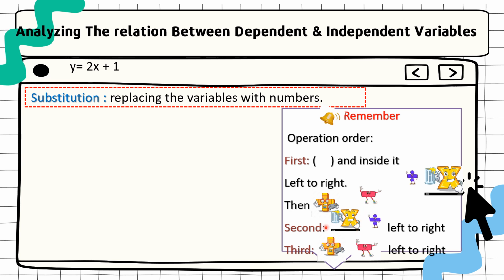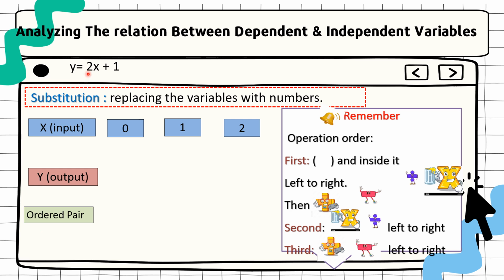What is the second order? After the parentheses, the second is multiplication and division left to right. The third operation is addition and subtraction left to right.